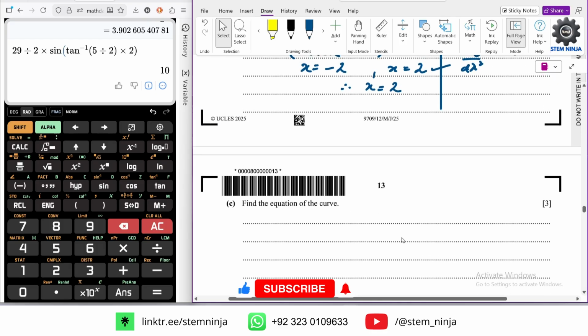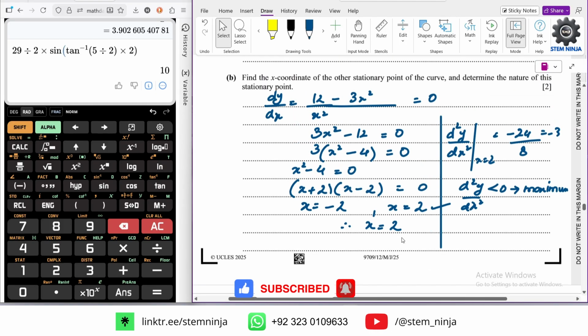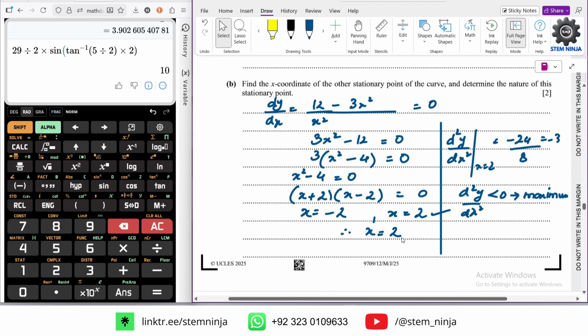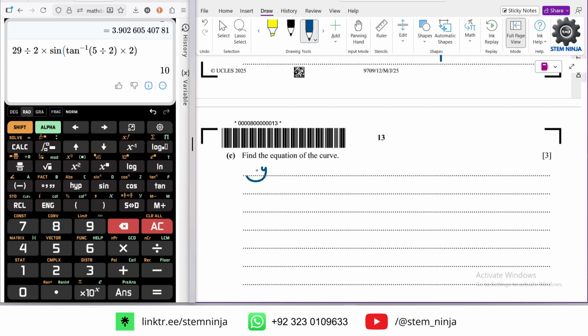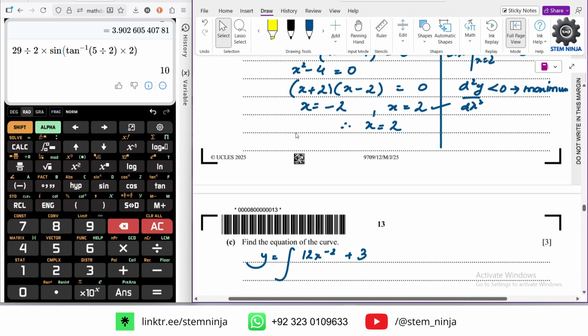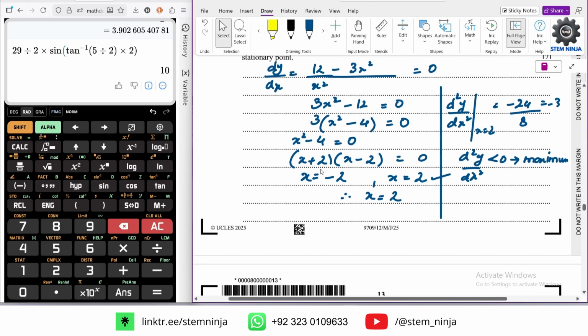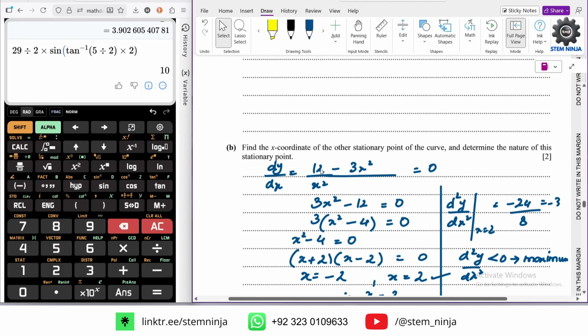Find the equation of the curve. Okay. Right. So we now finally need to integrate the dy by dx. So 12x to the minus 2 plus 3. Oh, sorry, minus 3. Minus 3, right? Yeah, minus 3 dx, and we know minus 2, 19 is one point on the curve.